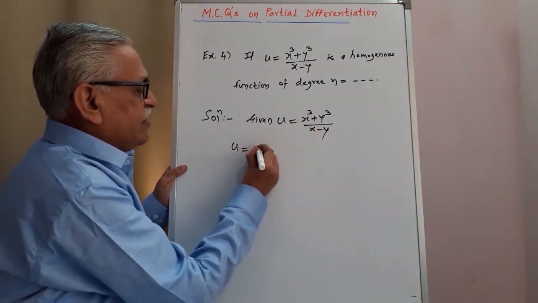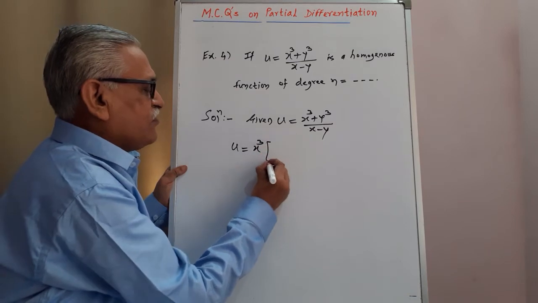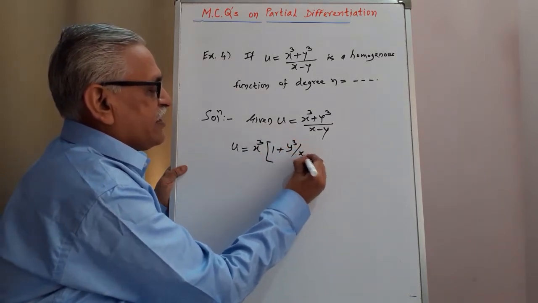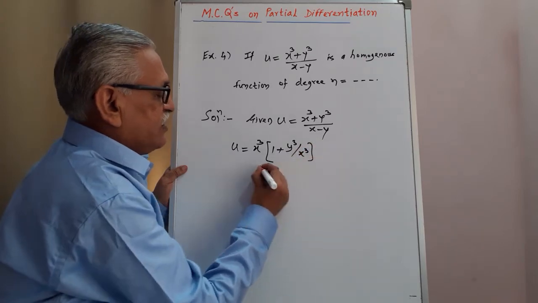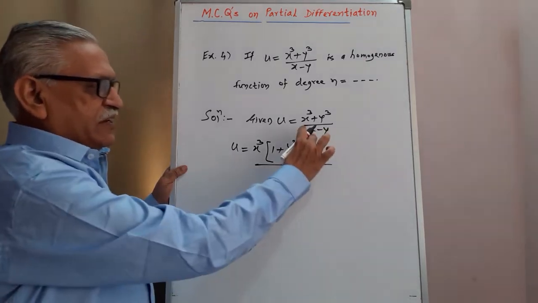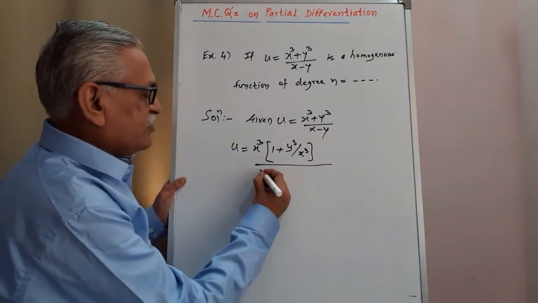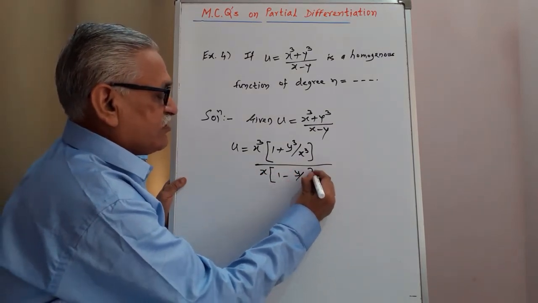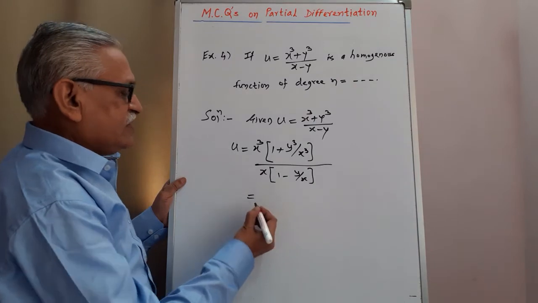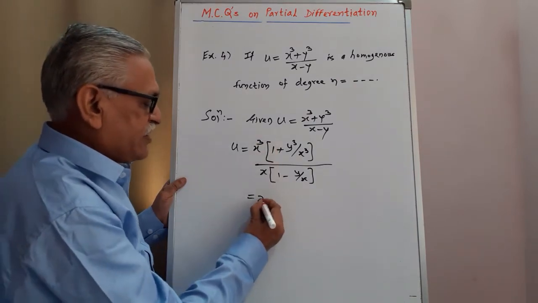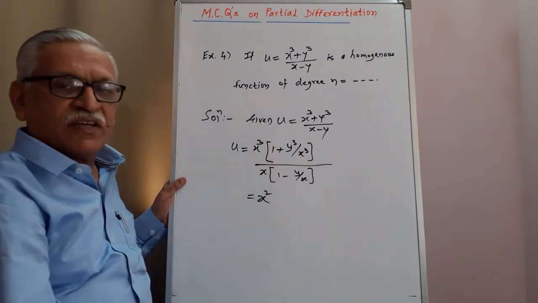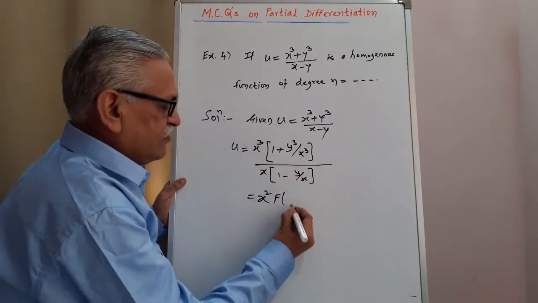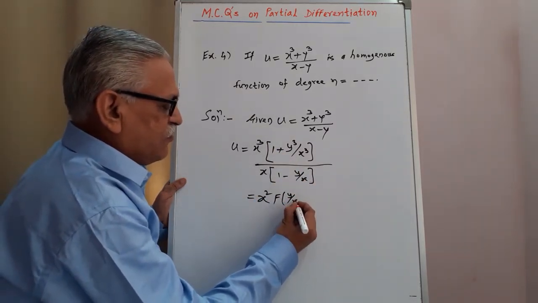Therefore we get, taking x cube common from the numerator, 1 plus y cube divided by x cube, and the whole divided by, taking x common from the denominator, 1 minus y upon x. And this is x cube divided by x, which gives x square, and the remaining terms are in terms of y by x.